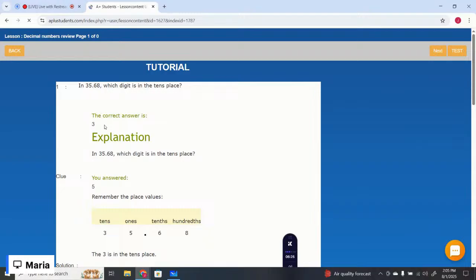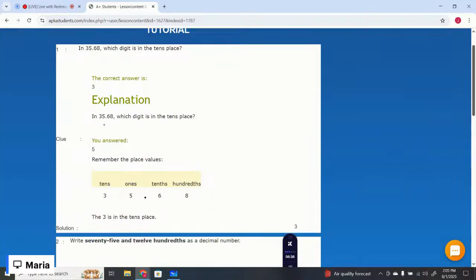Okay, in 35.68, which digit is in the tens place? So basically, we need to learn the place value chart for the decimals. The place value chart for the decimals looks like this. The digits right before the decimal are the ones digit and tens digit, like we have the whole numbers: ones, tens, hundreds, and thousands.